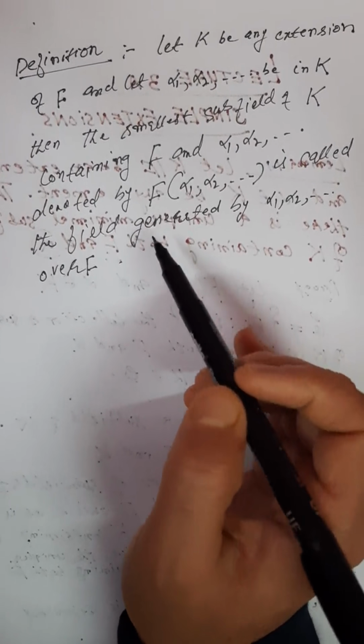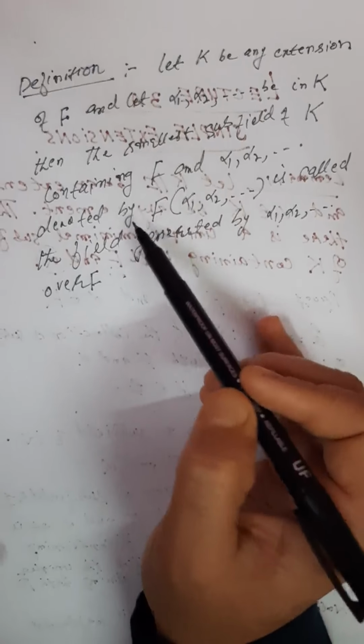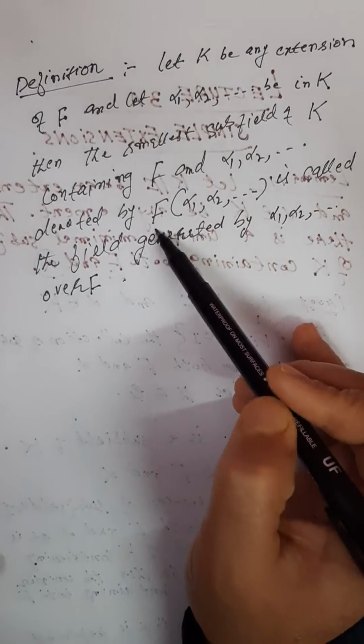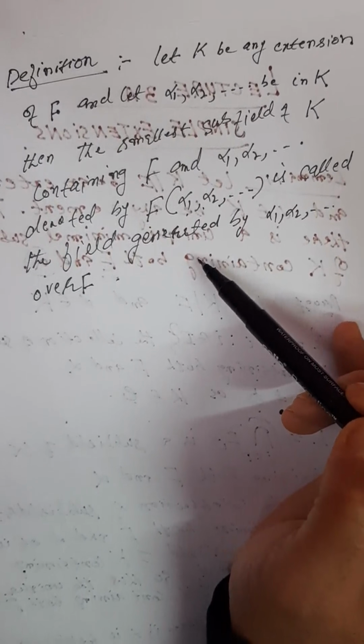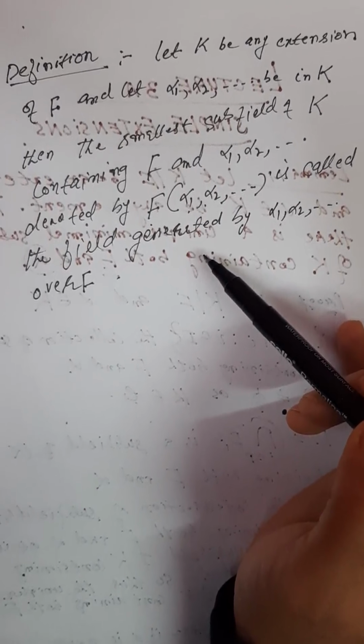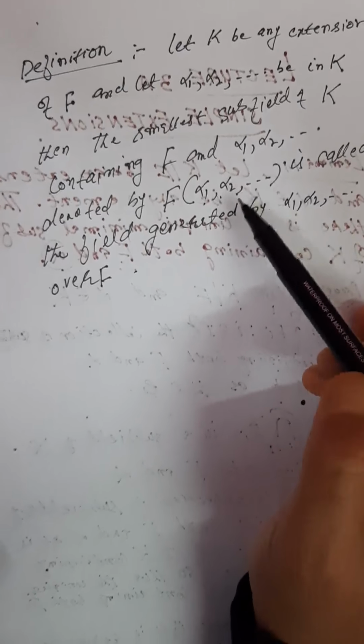The previous lemma says that such a smallest field exists. So the smallest subfield of K containing F and these alpha 1, alpha 2, and so on is called the field generated by alpha 1, alpha 2, and so on over F.